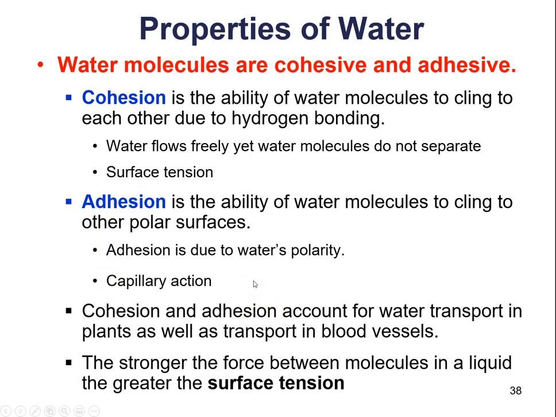There's a couple examples of this. I'm going to give you an example about water transport in plants in a second, but even if you think about transport in blood vessels, blood's made up of mostly water. That water can adhere to the sides of the blood vessels, and that helps it move.